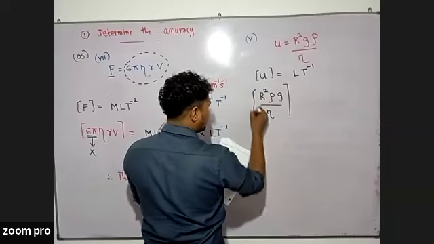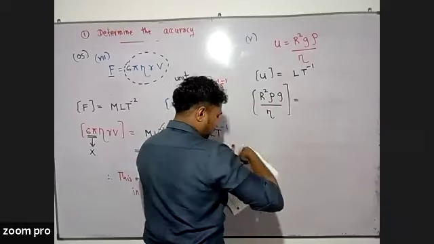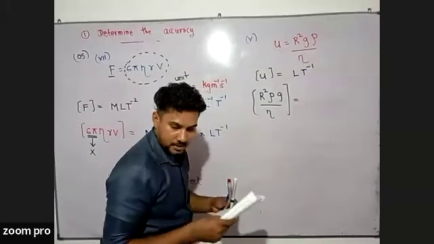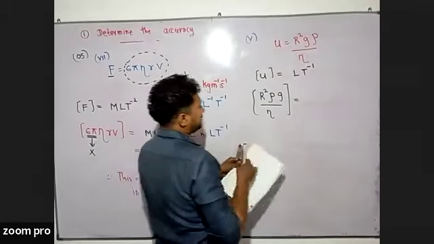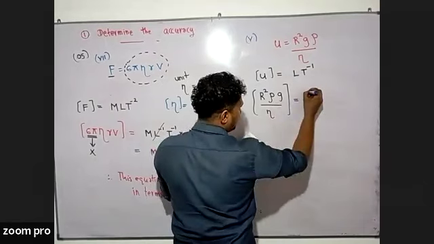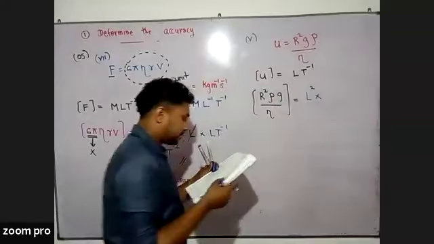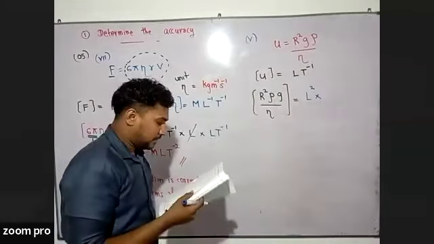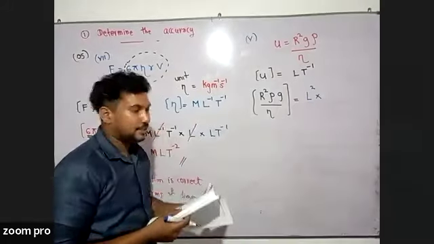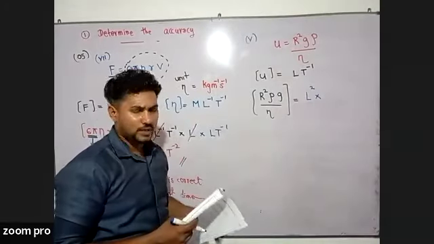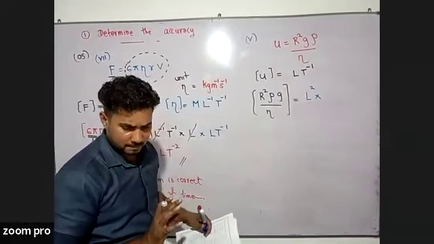So let's find out the dimensions of this term. Now R represents radius, a kind of length, and it should be L squared. Now rho, this symbol, represents the density, right?